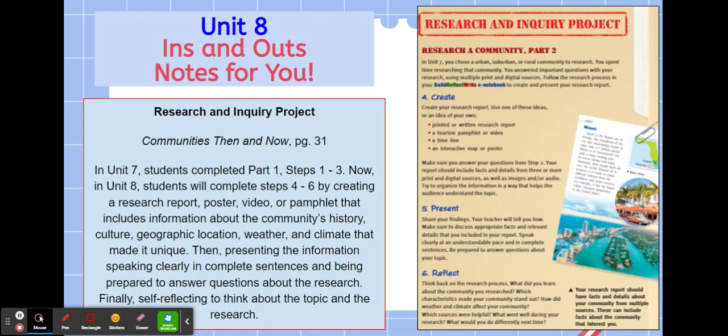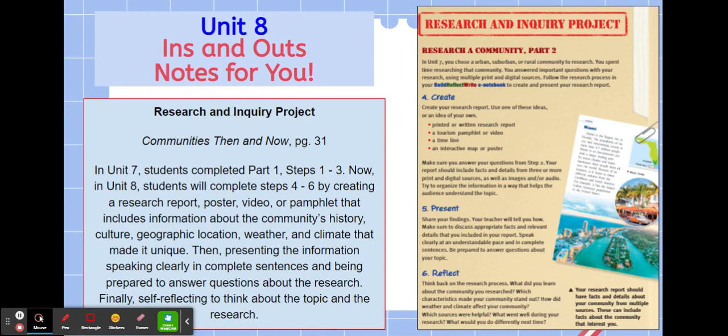You already know that you will need to gather and provide some text to support Unit 8 writing. You may also need to know that the Research and Inquiry Project, Research a Community, has 2 parts carrying across Unit 7 and 8. In Unit 7, students completed Part 1, Steps 1 through 3.